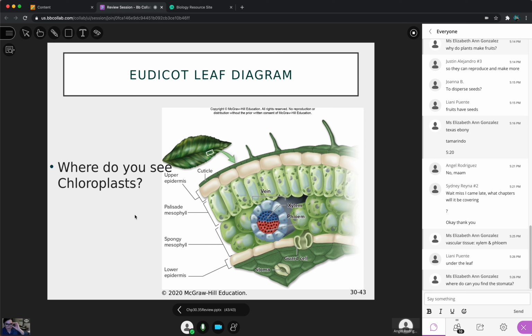And then the last one, I have a question for you guys. I want you to look at this picture. This is a cross section, like if you were to take a leaf and cut it, and then what it looks like in the middle. So where do you see the chloroplasts in this picture? Take a look at that picture and then let me know where you see the chloroplasts.